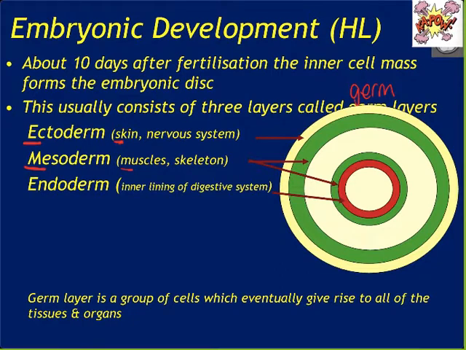You have an endoderm, which is inside, so this is going to become your digestive system. And you have a coelom, which will become your heart and your lungs. So usually the questions that they'll ask you is, what are the names of the germ layers and what do they become?